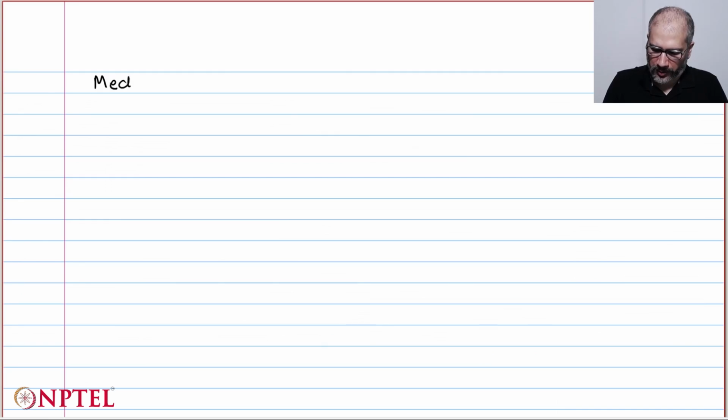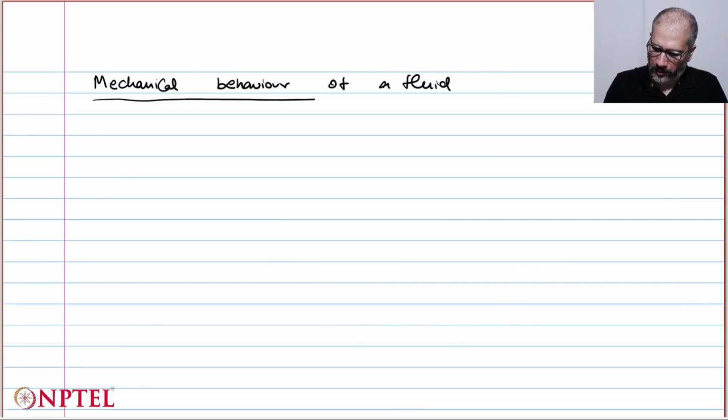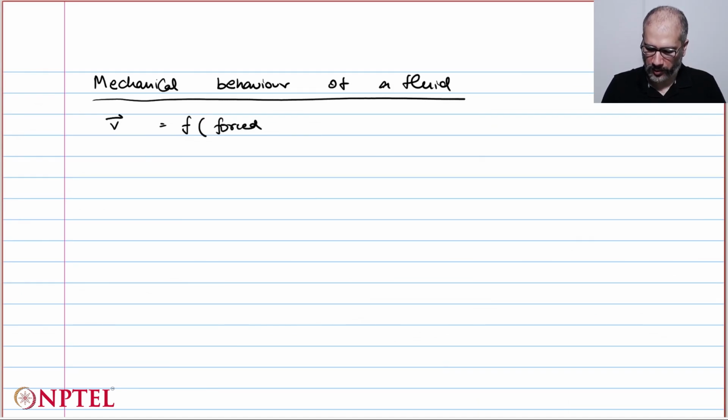So we're talking about the mechanical behavior of a fluid. And to characterize the mechanical behavior of a fluid, you need to find out the velocity field everywhere in the fluid as a function of the different forces acting on the fluid continuum.